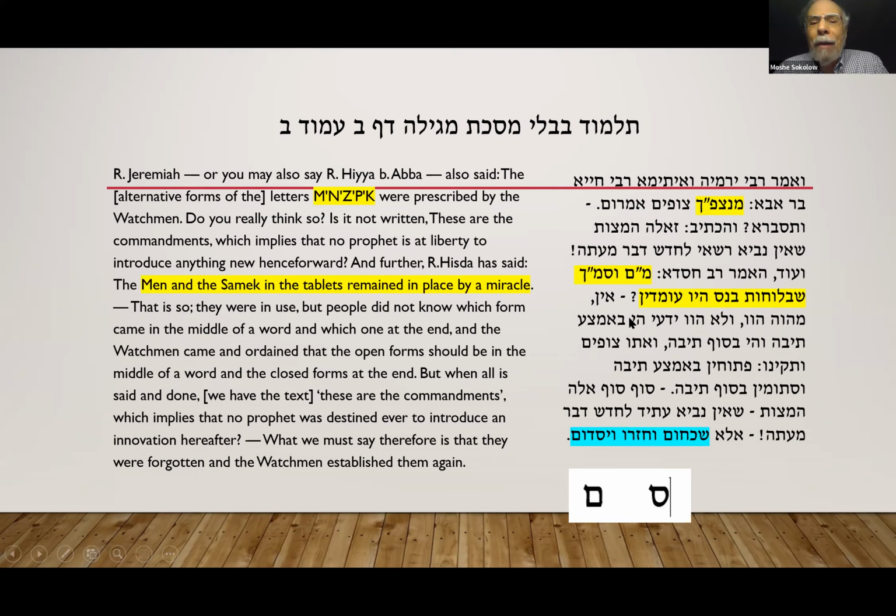The problem was lo have yadei hai beemtza teva v'hai besof teva, that people forgot which of the 2 forms of the letter is its initial form and which of the 2 forms of the letter is the final form. Va'atu tzofim v'takinu, and the prophets are the ones who came and ruled in this question. Pituchin be'emtza teva usetumim besof teva. They're the ones who dictated which forms of the letters belong where.